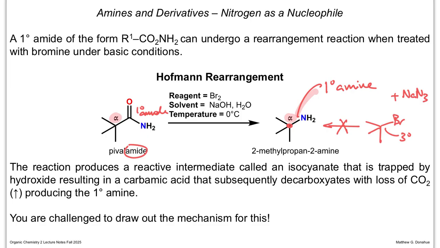So when you look at the amine classification and then what's bonded to it, you can sort of then pick and choose what is going to be the best reaction type to get there. So those first couple reactions we saw, we couldn't make that because that's a poor substrate for SN2. So the Hofmann rearrangement allows us to get to still a primary amine, but that carbon that's attached to the nitrogen is now branched.